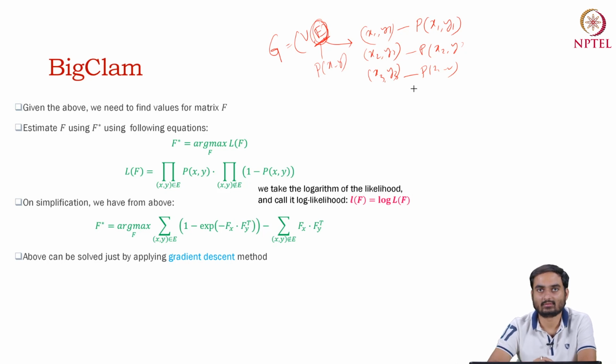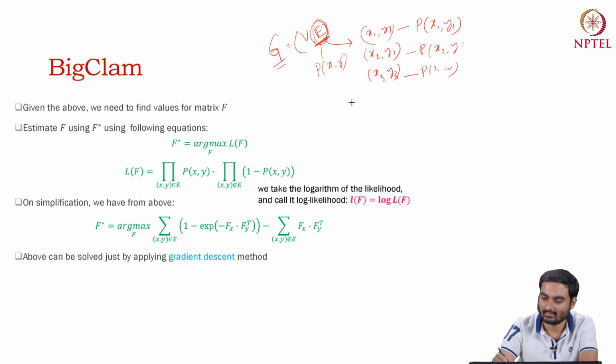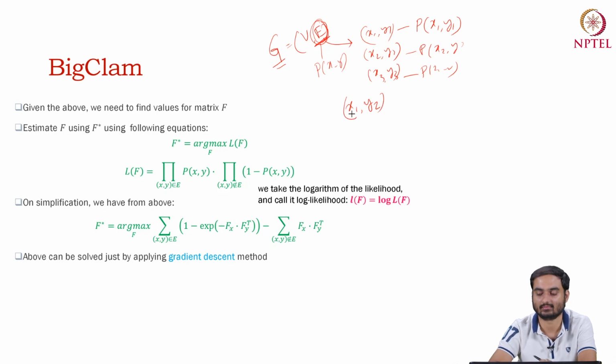These are positive samples. What are the negative samples? Negative samples are those pairs of nodes which do not form edges in the original graph G, right? Let's say x1 y2 is a negative sample, x1 y3 is a negative sample, x2 y1 is another negative sample.